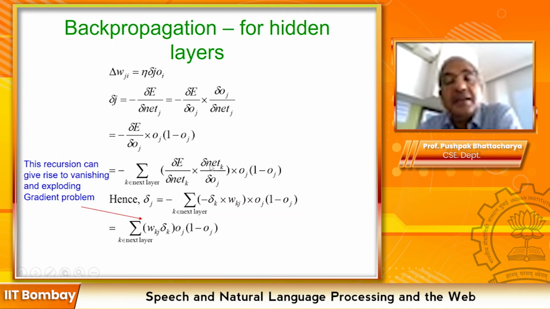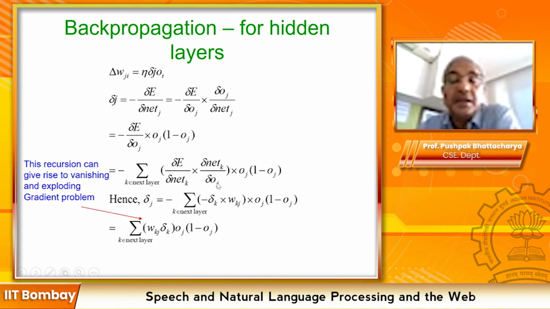And net in turn influences the output of this layer, which again influences the next higher layer. So this way a kind of chain reaction happens. And if you can capture the chain reaction by means of mathematical modeling, then you have a procedure in hand.